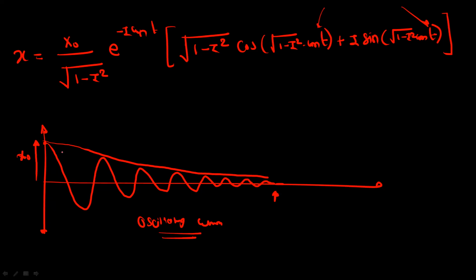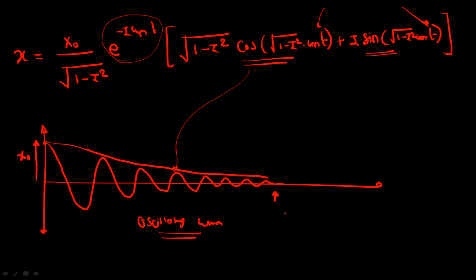And what causes this reduction in the amplitude? This is the exponential term that will cause the reduction in the amplitude. And as this is an oscillatory waveform, this cosine function and this sine function form such type of oscillation. So what is the frequency for this waveform?